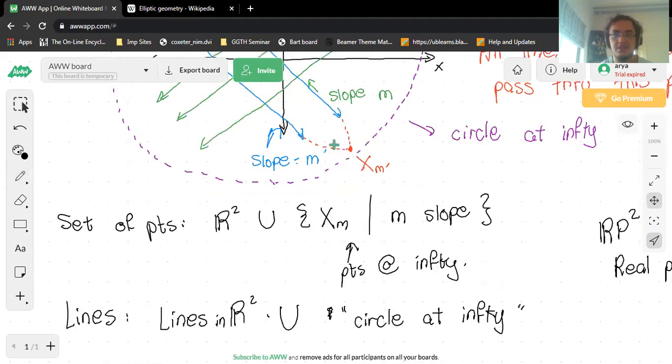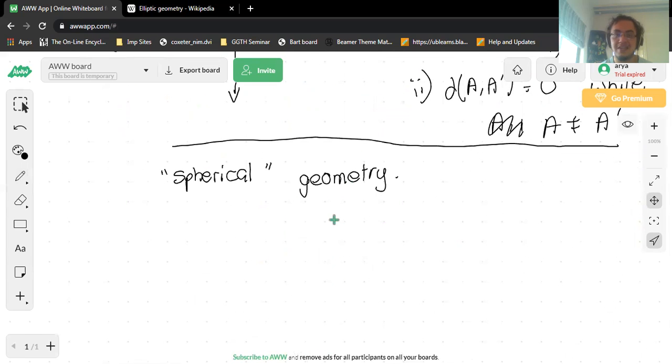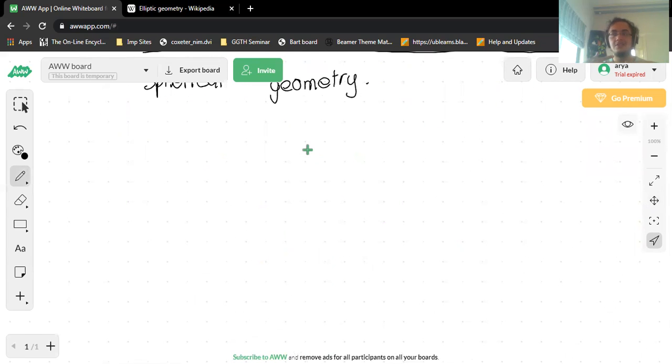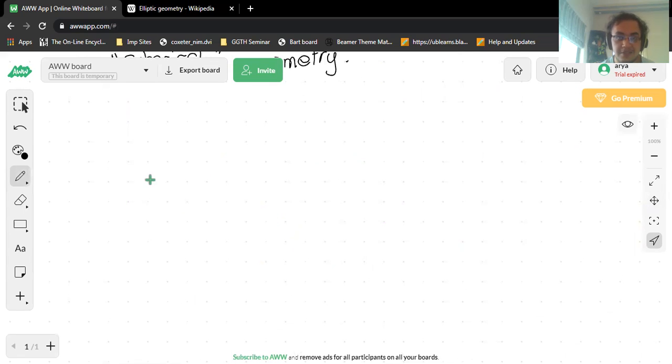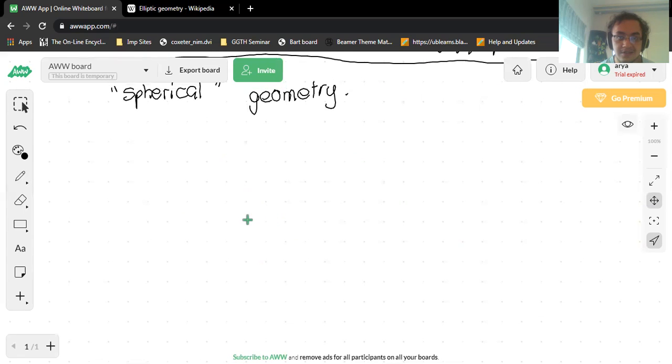For Euclidean geometry, you can consider a different set of points and a different set of lines, but if your geometry satisfies all the axioms of Euclidean geometry, just on a different set of points and lines, then you still call that geometry Euclidean, and so on. So now we are going to define a different model for the projective geometry as we have defined, which is the standard model for spherical geometry.